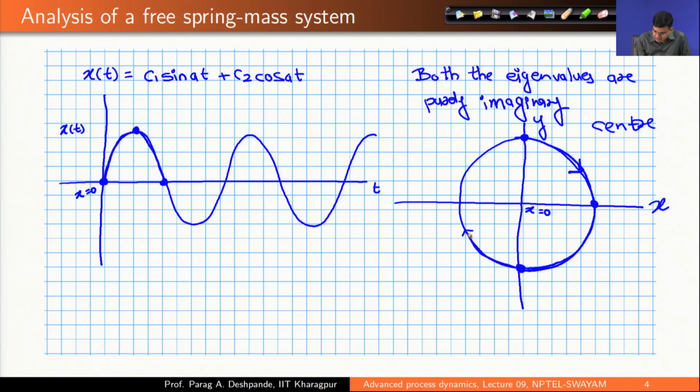Now, I have negative x here, I am going to the minimum value, this is the minimum value of x, and then I continue here, I again go to x equal to 0, and when I complete one circle in the phase portrait, I complete one oscillation.